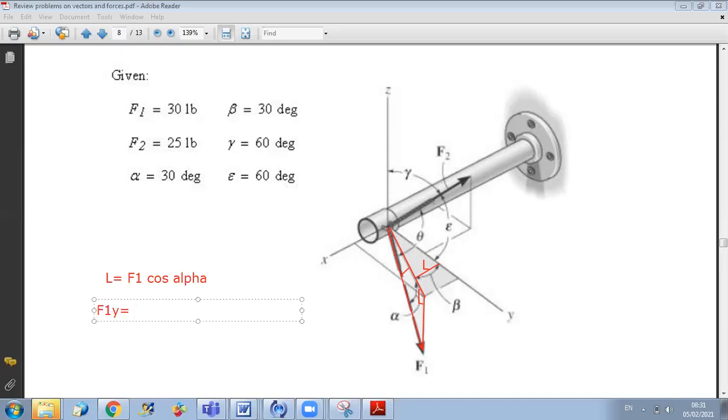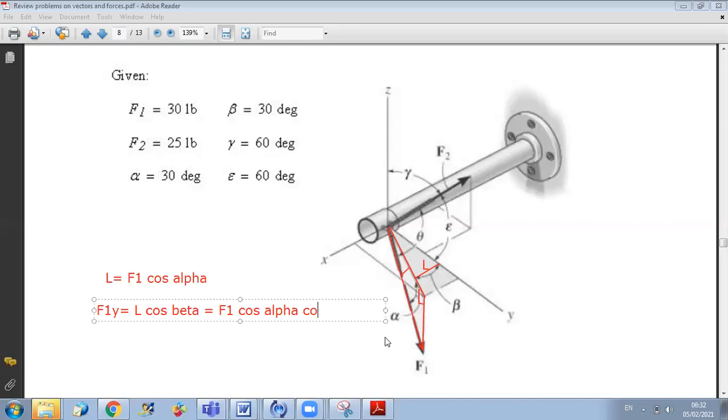It is equal to L times cosine beta. Very good. If I replace L by its value, then the projection on y is F1 times cosine alpha times cosine beta.